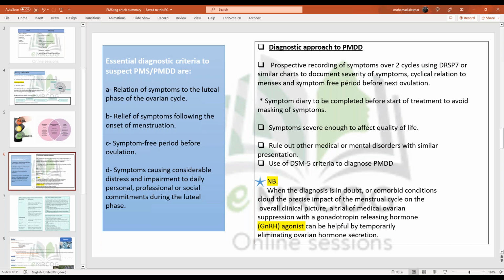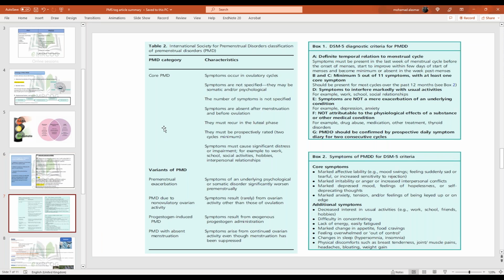Any questions so far in the diagnostic approach to the PMDD? Hello? Dr. Rabah, yes, please. So you said that one of the diagnostic tests is the GnRH agonist, if you are in doubt.